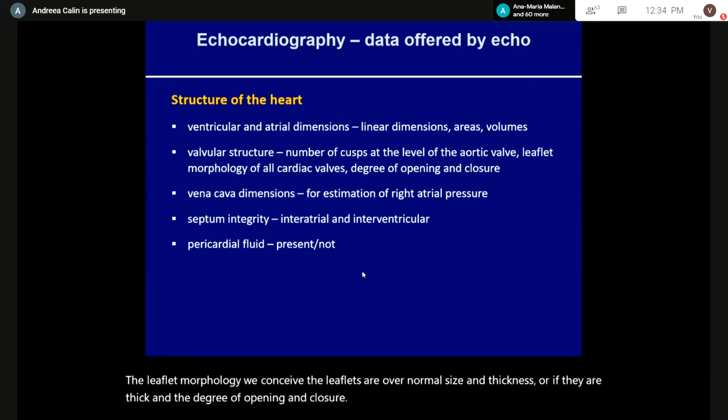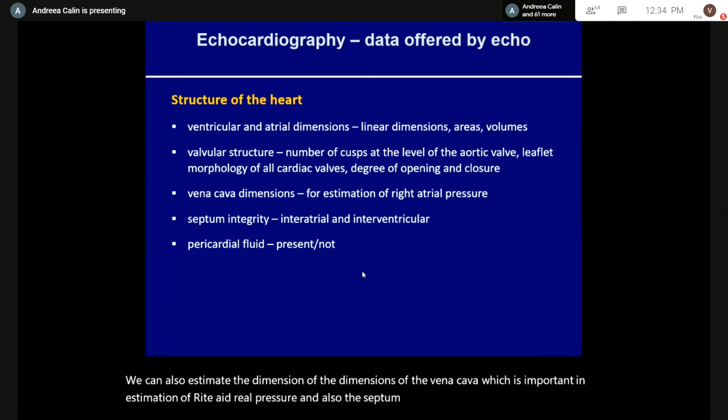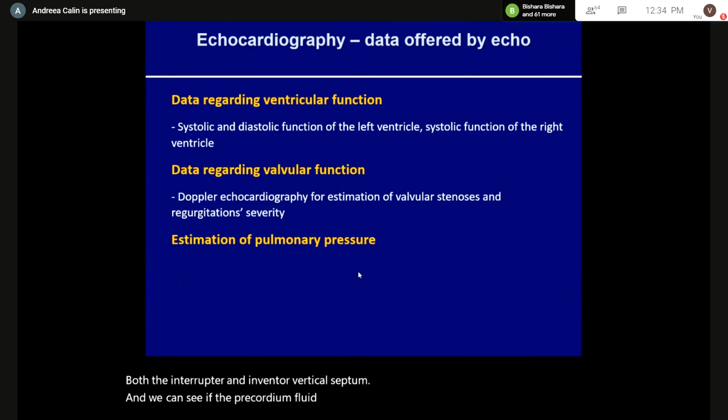We can also estimate the dimensions of the vena cava, which is important in estimation of right atrial pressure, and also the septum integrity, both the interatrial and interventricular septum. And we can see if the pericardial fluid is present or not. We can also see if the ventricles are functioning right.